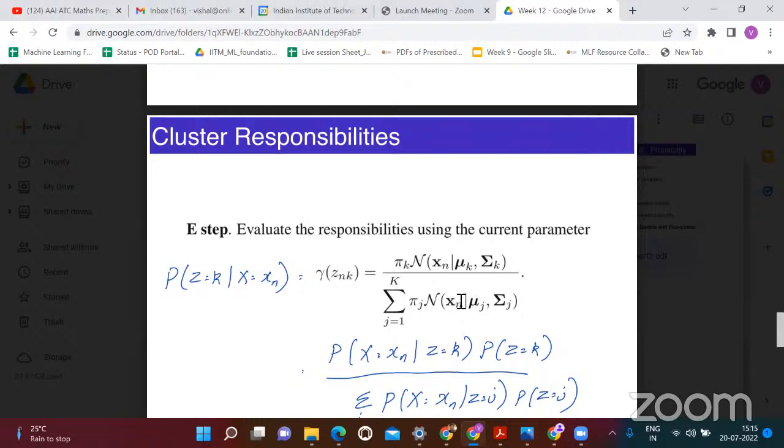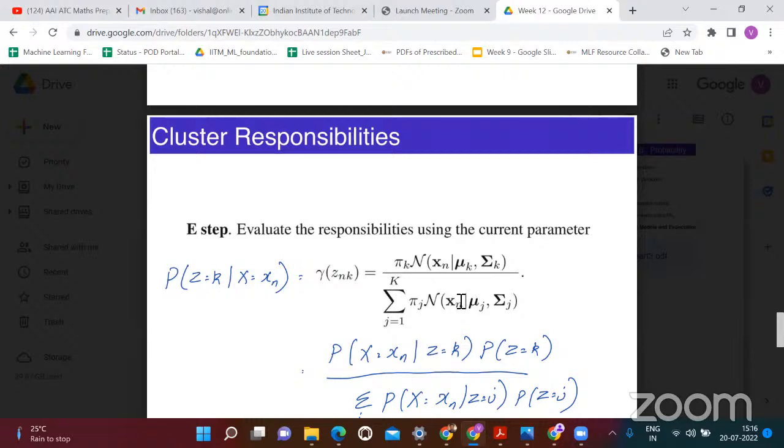For example, I have a data set and I know the k value, say 2 or 3. I'm fixing the value k equal to 2, so for those two clusters, I'll just give some parameters to both clusters. Okay, so I'll give two parameters.